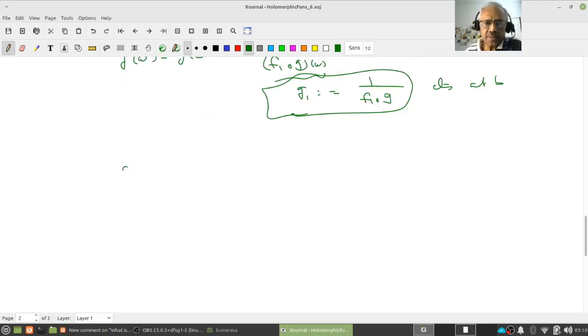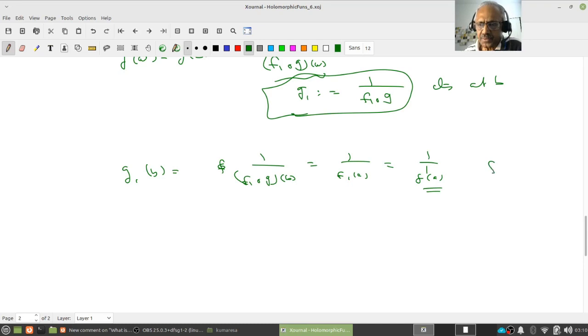And what is g1 of b? g1 of b is 1 by f1 composite g at b, but that is 1 by f1 at a, and therefore 1 by f dash a. But 1 by f dash a should make sense. Therefore, what condition should I put? f dash a is not 0.